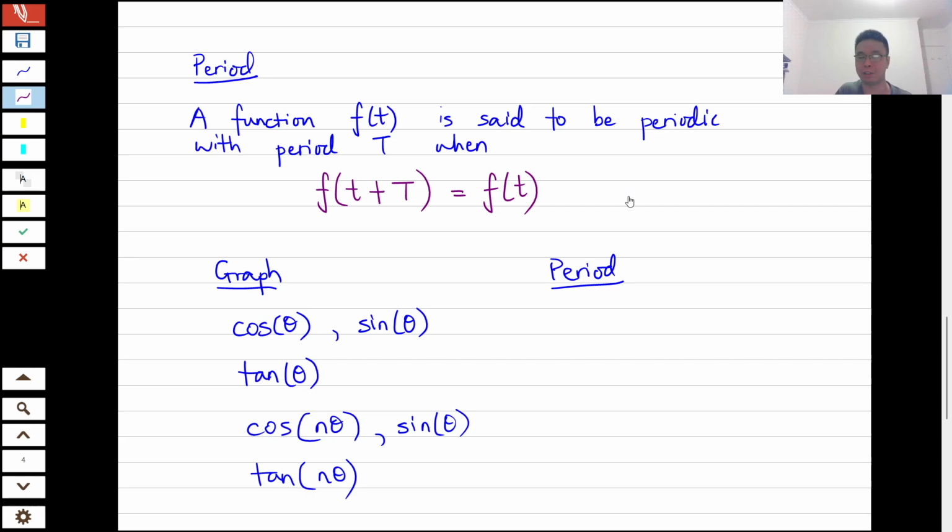So to make this really precise, I should say for all values t in the domain of f. But we're assuming that these functions go on forever because they're always repeating, so I'm just going to say for all t. We'll assume that f of t is defined on the real numbers.